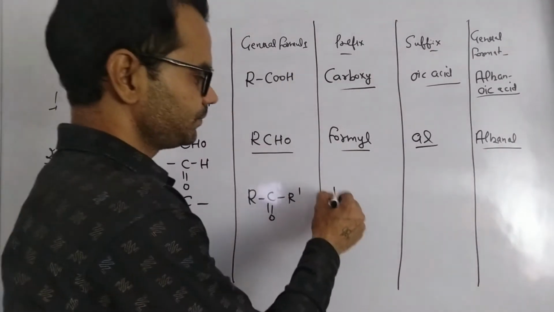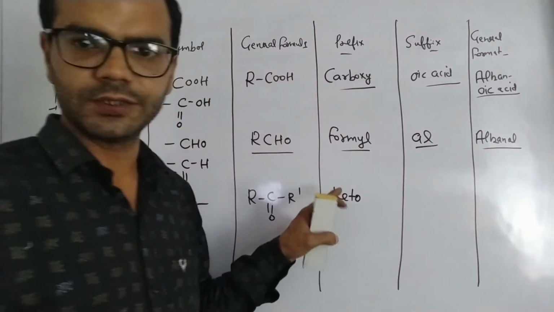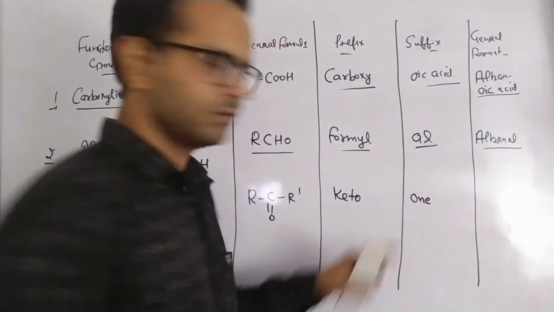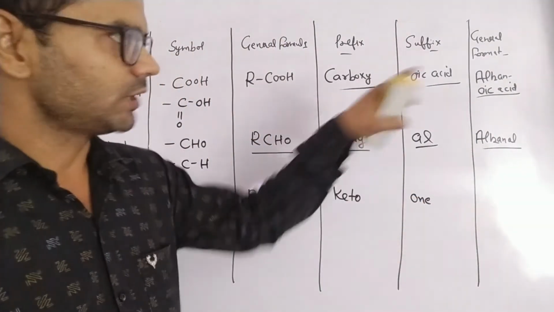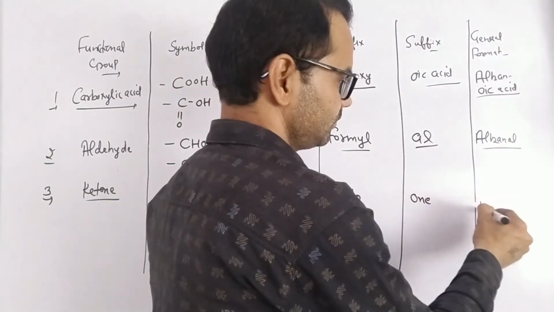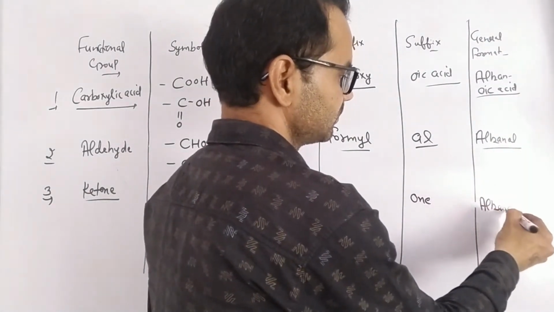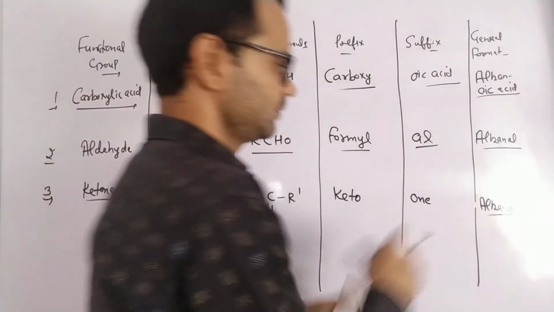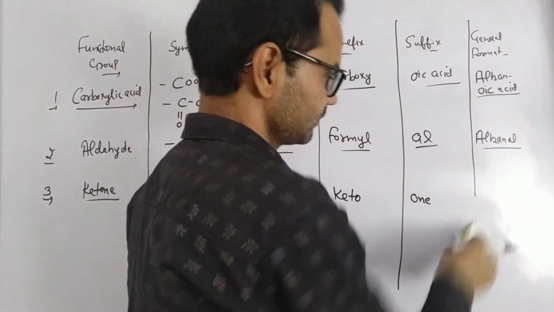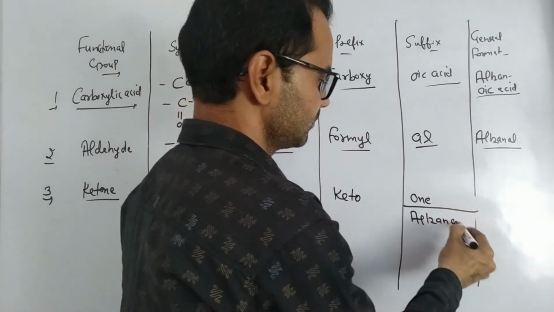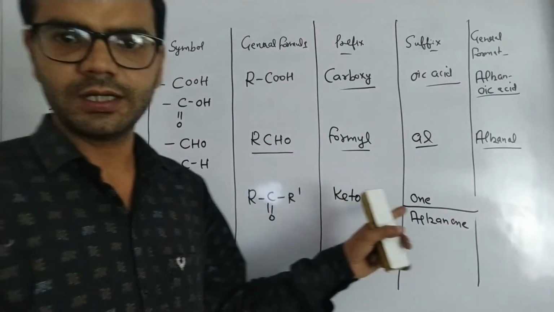Prefix is keto and its suffix is one. So general format will be alkanone, alkane plus one. I am writing here alkanone.